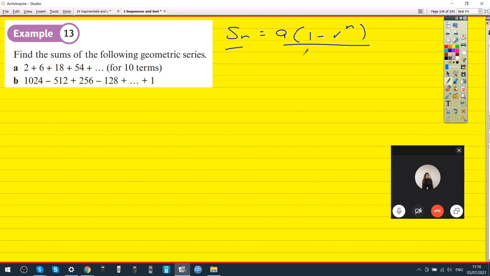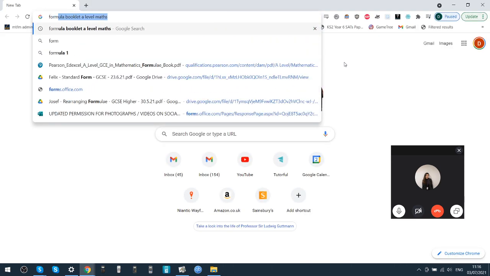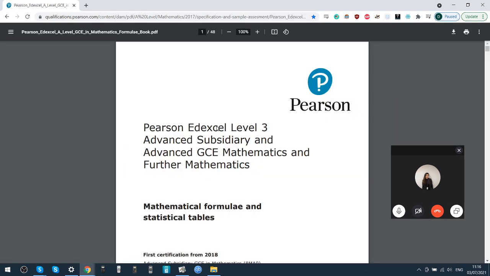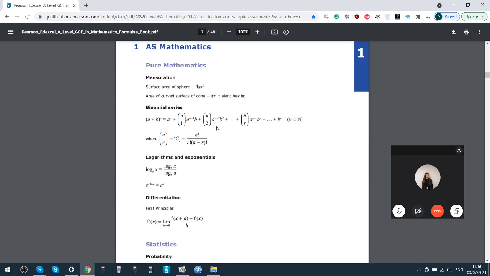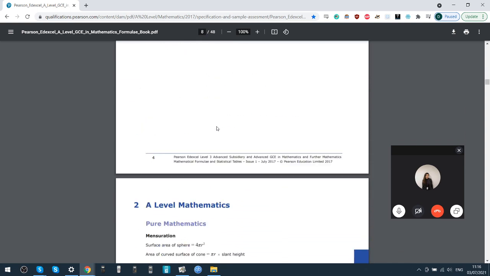You know the equation, will they give it to you on the data sheet? I think they do. Let's see. Like for all of the geometric, arithmetic, will they give it to you? I'll just check. So that's year 1.